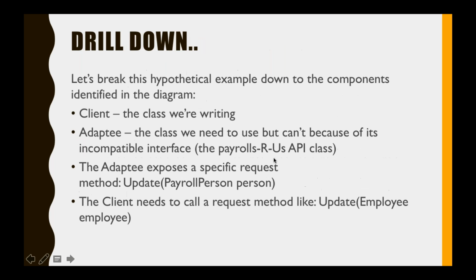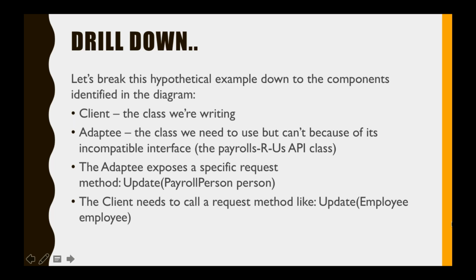So basically, in this kind of thing, we want to communicate with these two things. Let's say we break down this example into four things. There is a client, which is the class we are writing, and there is an adaptee, the class we need to use but can't because of its incompatible interface. For example, the payroll has a different interface, and my company has a different interface.